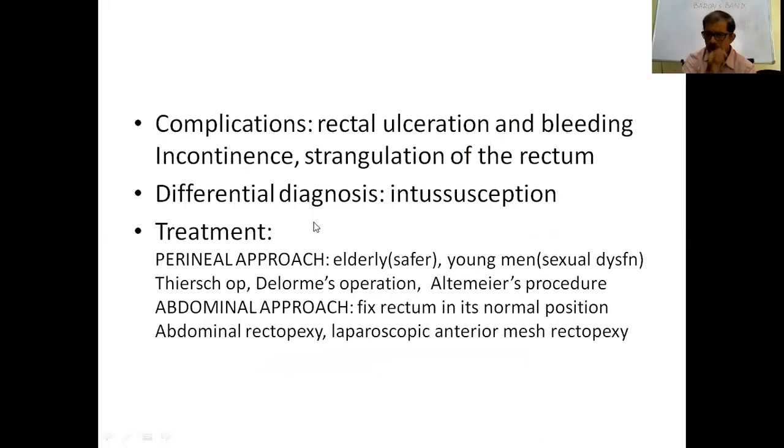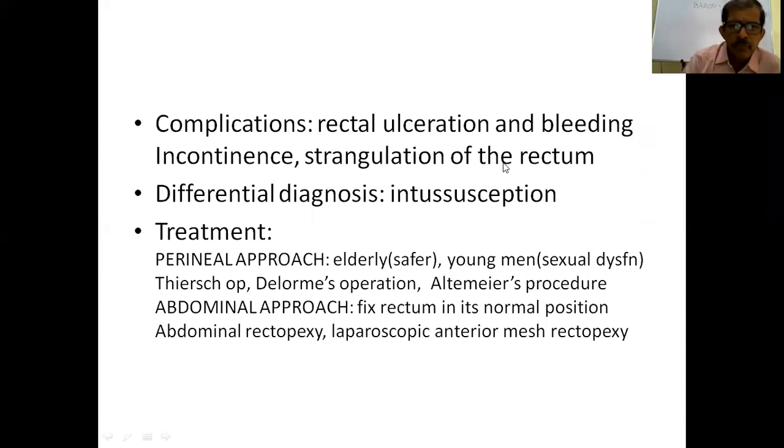Suppose you don't treat it, usually the patient will push it in herself or himself, but sometimes they cannot, and it will just come out and then lead to rectal ulceration and even bleeding because of chronic exposure. There will be suffering with incontinence, and rarely what has come out may not go inside and can lead to strangulation.